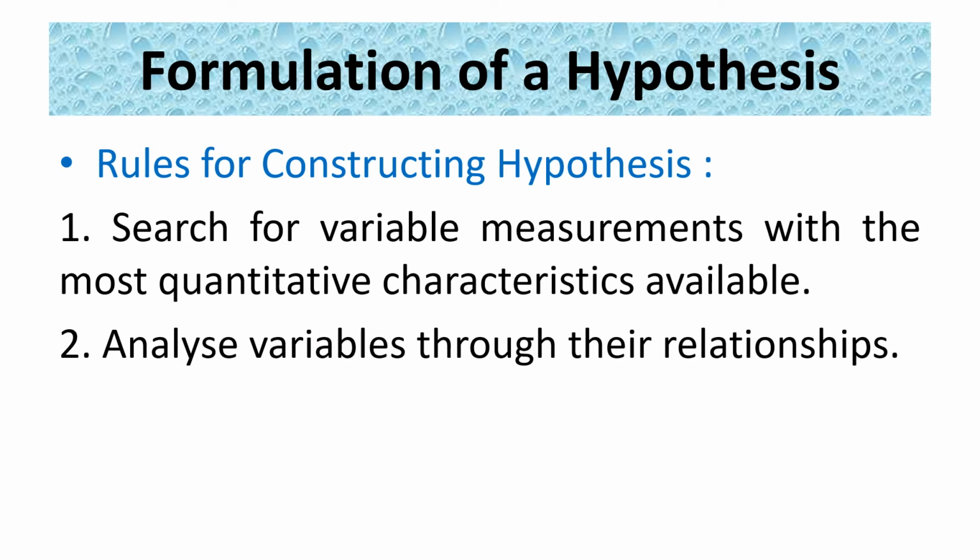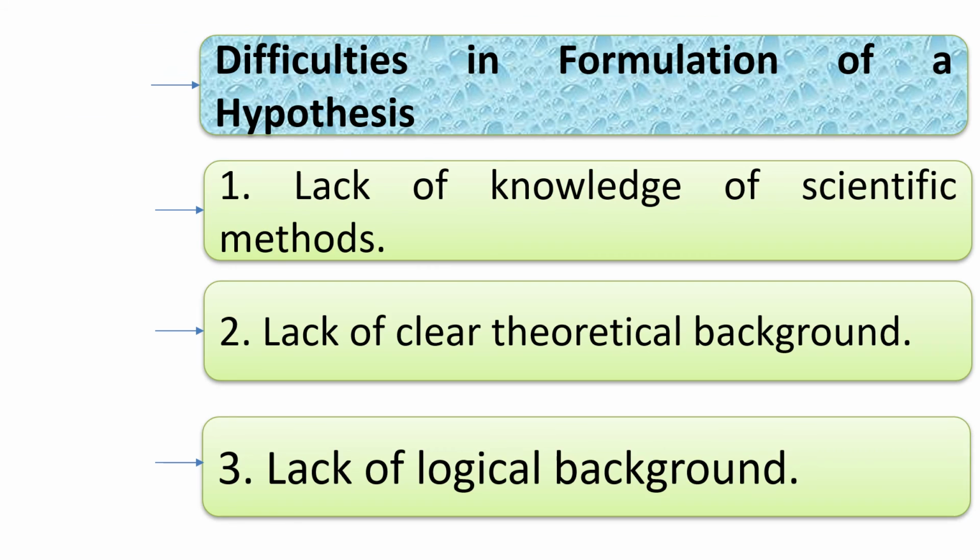Next is formulation of a hypothesis. Rules for constructing hypothesis. The first is search for variable measurements with the most quantitative characteristics available. And second is analyze variables through their relationships. Difficulties in formulation of a hypothesis.